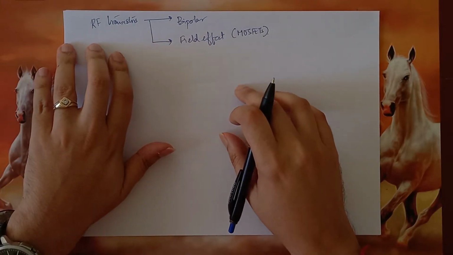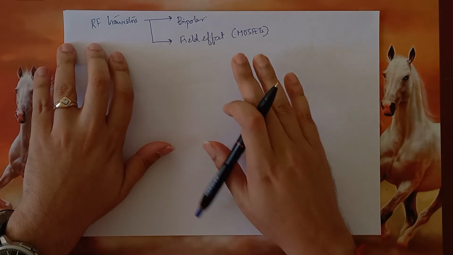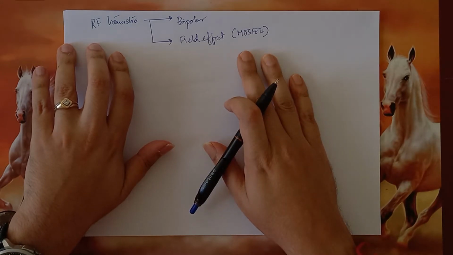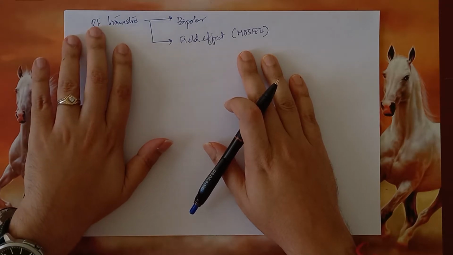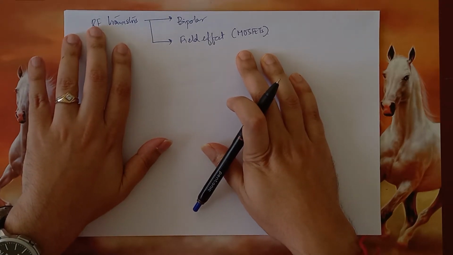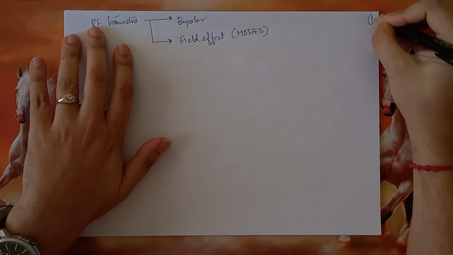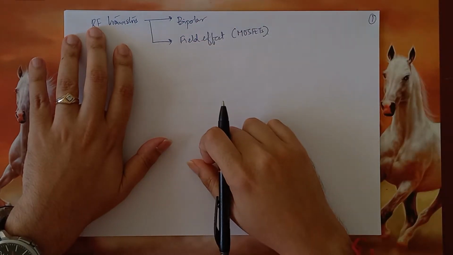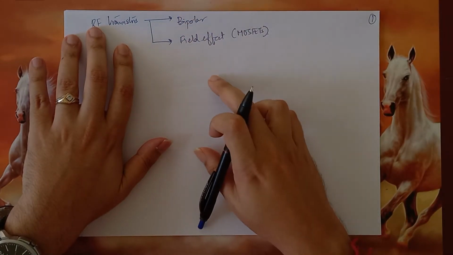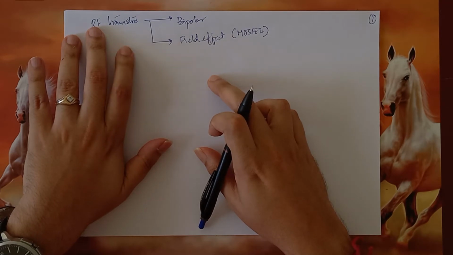So as far as RF is concerned, we are interested in working with these transistors at very, very high frequencies. Let us say of the order of a few gigahertz. So, the question is which out of these two transistors would be better suited to work at high frequencies.